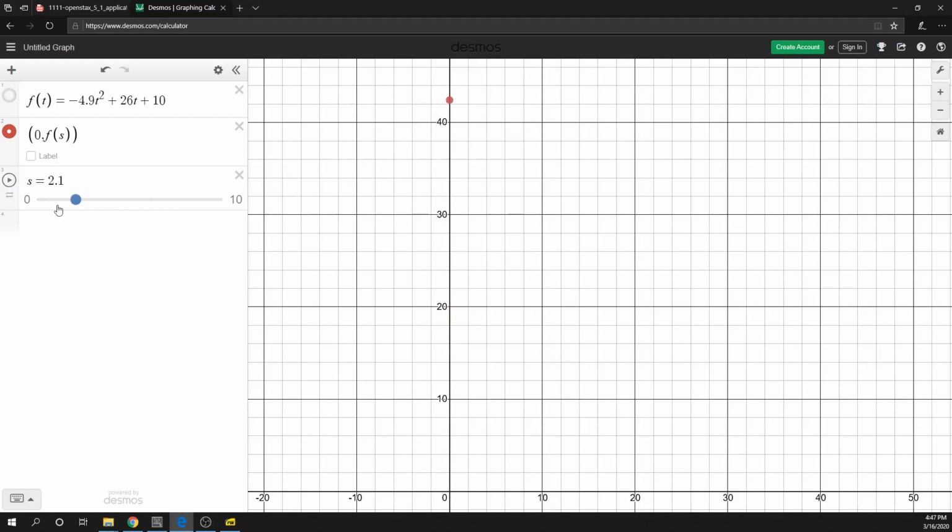You'll notice here I have S instead of t. That's because t in Desmos is reserved for something else. You can see my graph goes away. I wonder if I change that variable if it might work. But anyway, just pretend S is for seconds. Really it should be t, so don't worry too much about that.